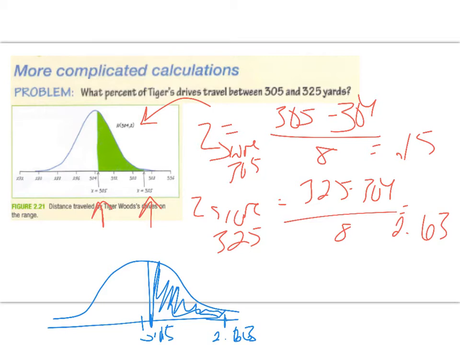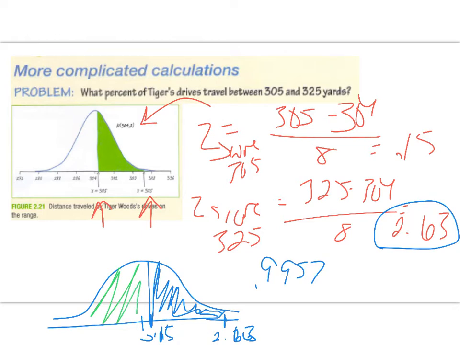So when I use my table, I find that the area to the left of 2.63 is 0.9957, and then the area to the left of 0.15 is 0.5517, and I want to subtract that off because I don't want this area, I just want the area in between, and so I get a total then of 0.4440.